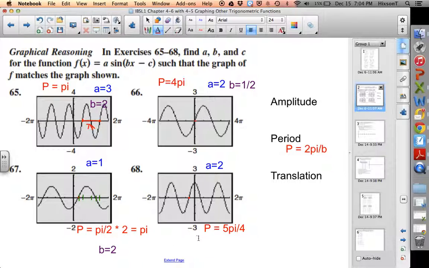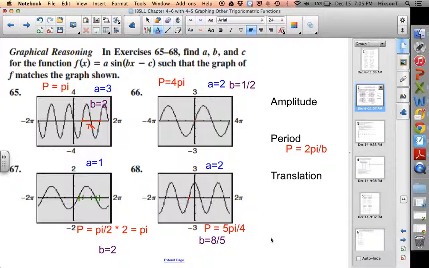And then down here, this might be the more challenging one to find, but 5 pi over 4 equals 2 pi over B. If we multiply that out, we're going to get 8/5. The pi's will cancel, and B will equal 8/5.